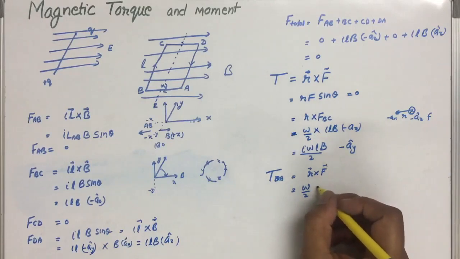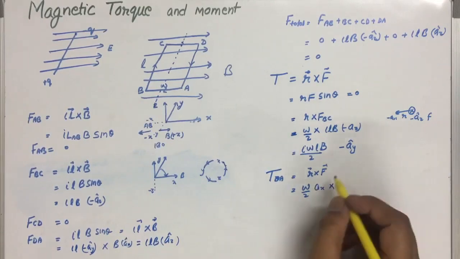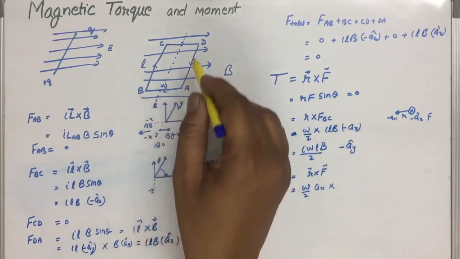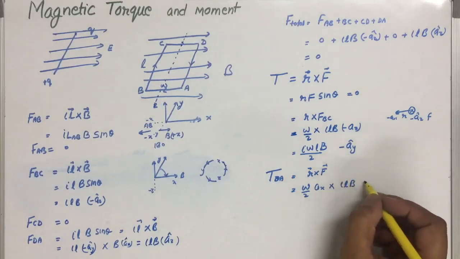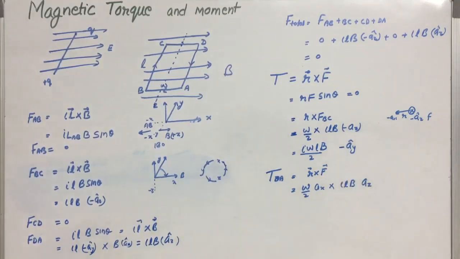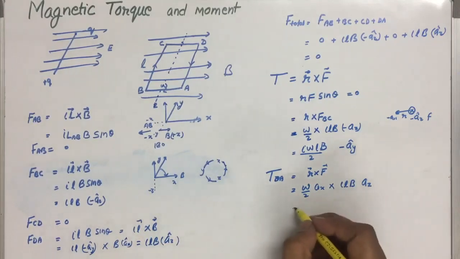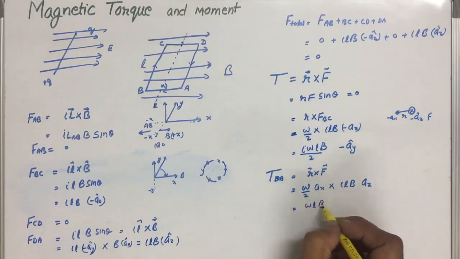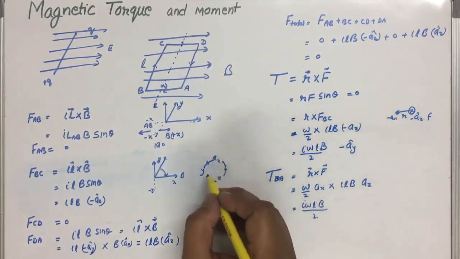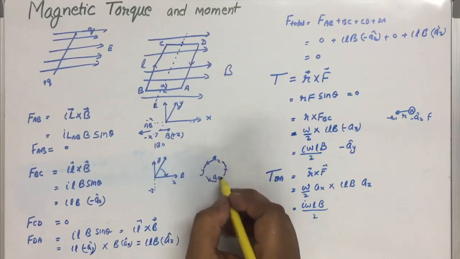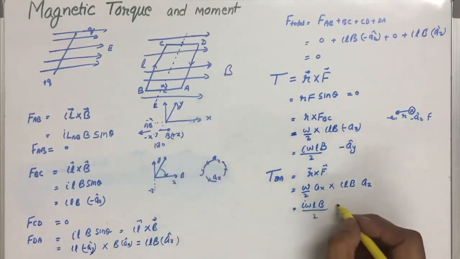W by 2 in the direction of X cross F, which at this portion was in the direction of Z. So it will be ILB in the direction of Z. If we multiply, we find WLBI divided by 2, AX cross AZ. Apply the same, AX cross AZ will give us minus AY, so it will be in the direction of minus AY.